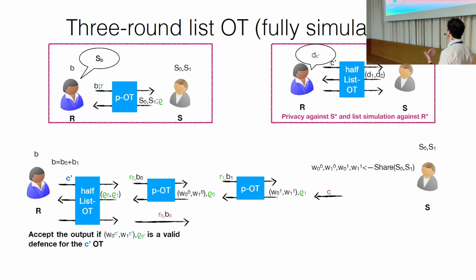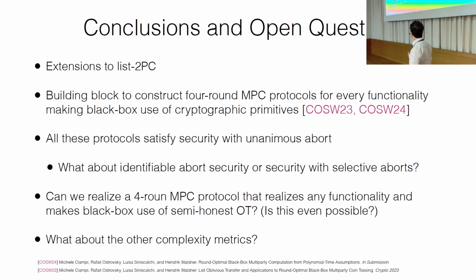And now what the simulator can do is to play the usual trick where you input C prime equal to 0, C prime equal to 1, and you extract the input from the sender. Okay? This is super messy, but it works. And it gets much more messy when you want to go to more sophisticated functionalities, which I will not show you.